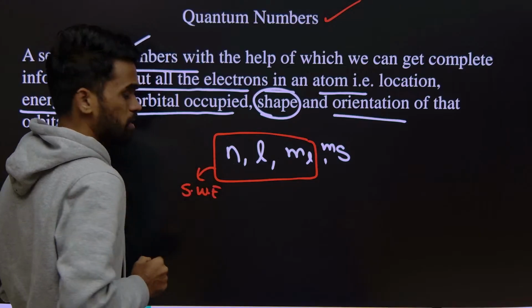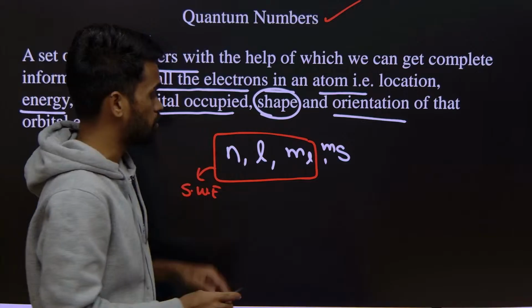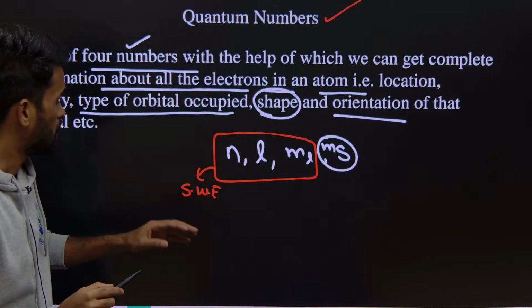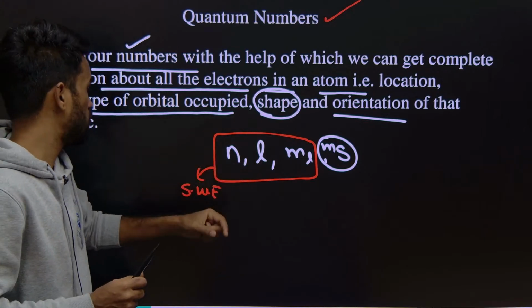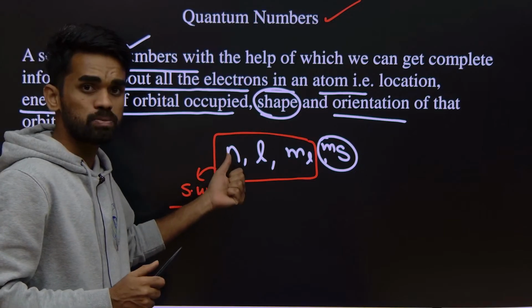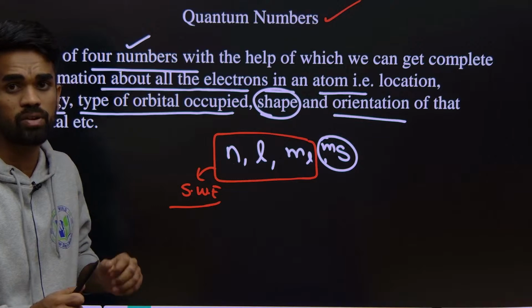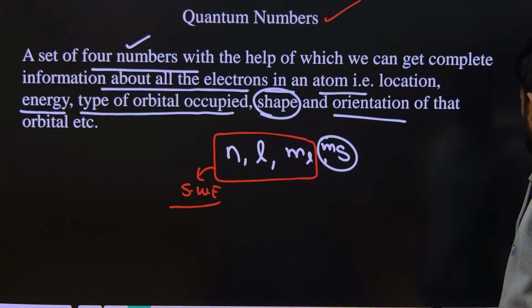This is extra added here: they may ask which of the following quantum numbers are obtained from the Schrodinger wave equation. Principal, azimuthal and magnetic quantum numbers are from the Schrodinger wave equation. You can remember this. Okay, next.